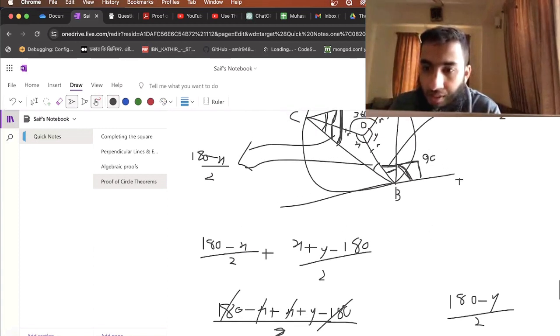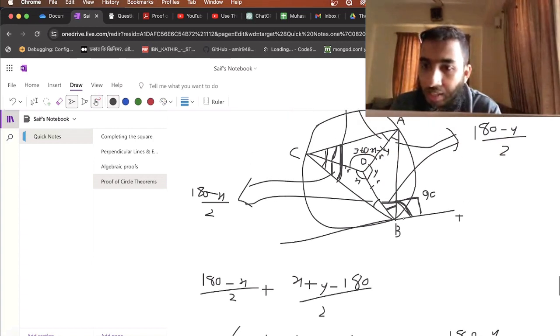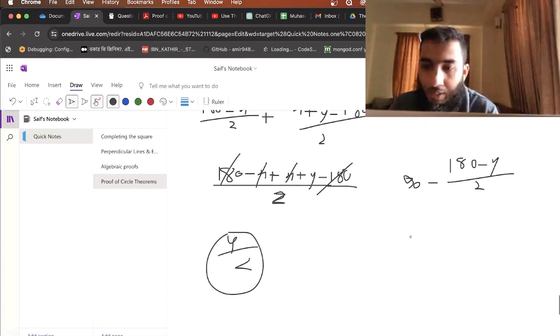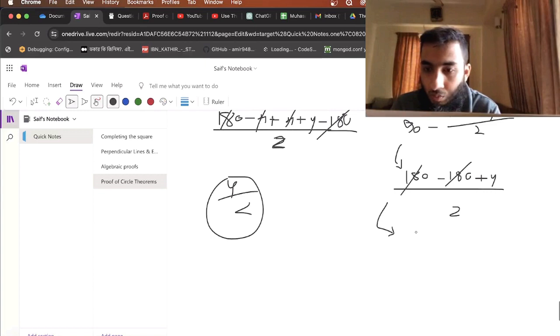And this angle is 180 minus Y by 2. So what is this angle? 90, the whole thing, minus this. So 90 minus 180 minus Y by 2. This can be simplified as 2, 180 minus 180 plus Y by 2. So if we cancel this, we get Y by 2.